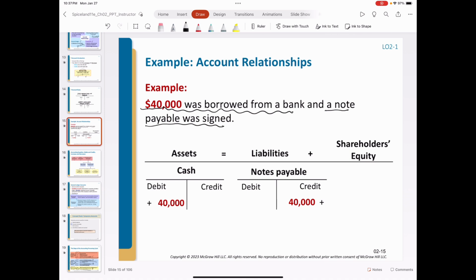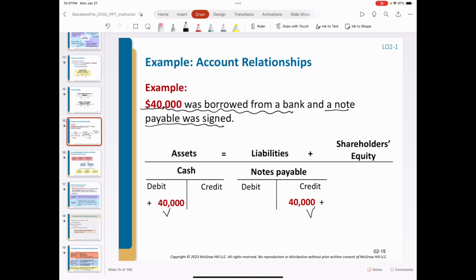Well, a liability should be recorded. Why? Because a note payable was signed. So this transaction has impact on the firm's financial position, right? Both assets and liability. We know assets increase $40,000, while liability also increased $40,000.